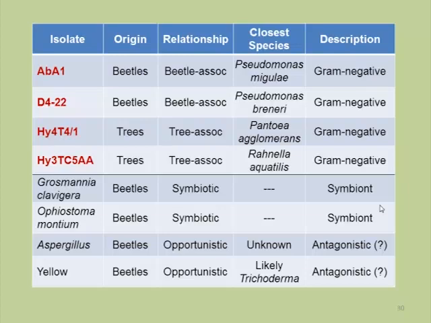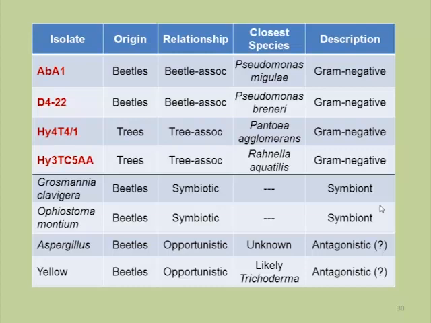And we have also 4 fungi species here. Grosmannia clavigera and Ophiostoma montium. These are beetle-associated, and people speculated they are symbiotic, meaning that they're really helpful to the beetle. Aspergillus and yeast, we call them opportunistic. Beetles don't specifically carry them around, but they are somehow airborne, I assume.